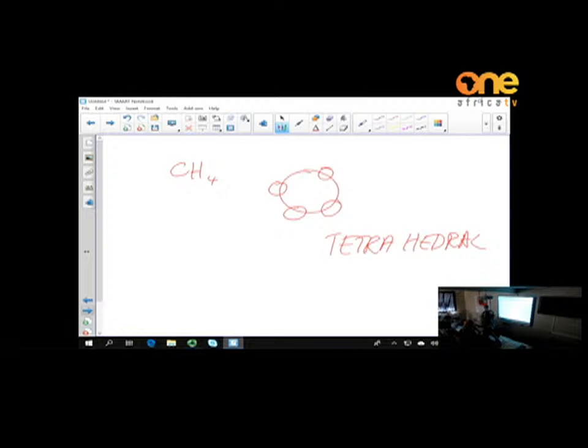Tetra, 4. Makes a square foot. All right, tetrahedral. Yes, I'm sorry, it's not got 4 on the foot. I'll explain the shape now when we start with that. Okay, now.